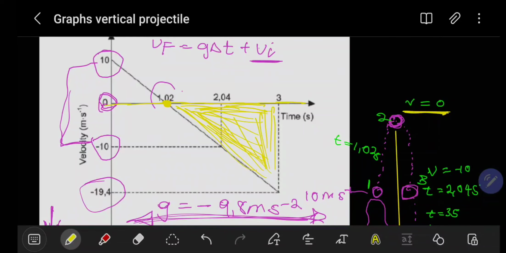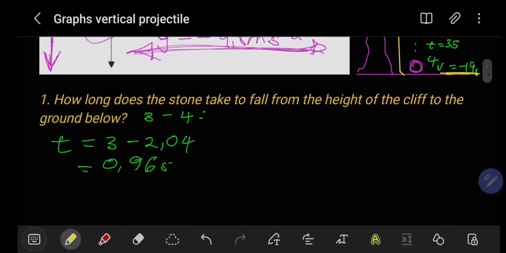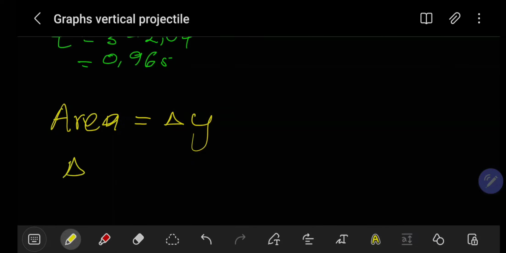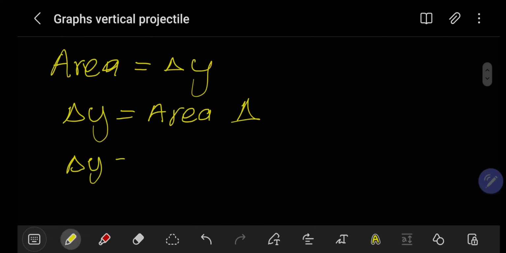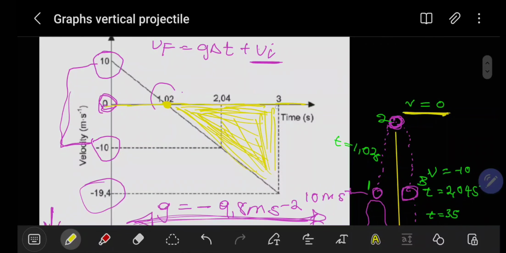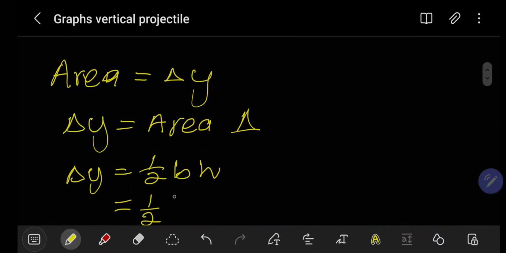When you see this shape, we can see that this is a triangle, and we know the formula for a right angle triangle. The area will give you the displacement. So the change in displacement is equal to half base multiplied by height. Our base in this case is 3 minus 1.02.